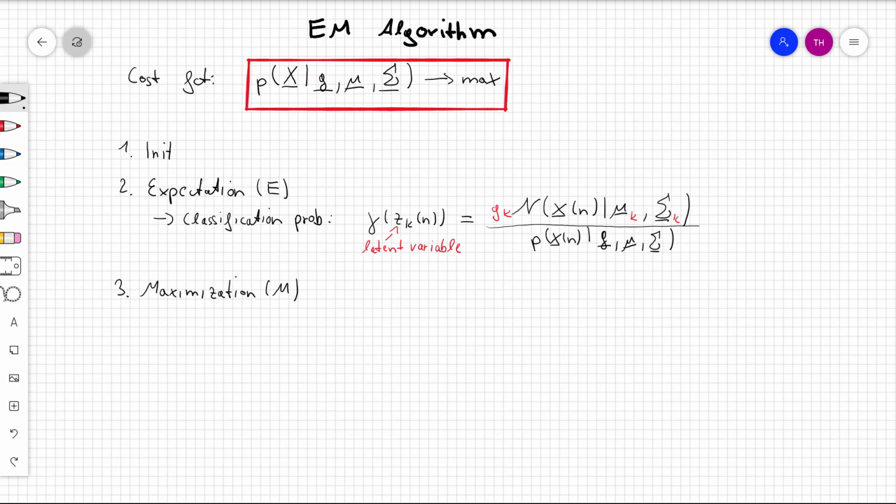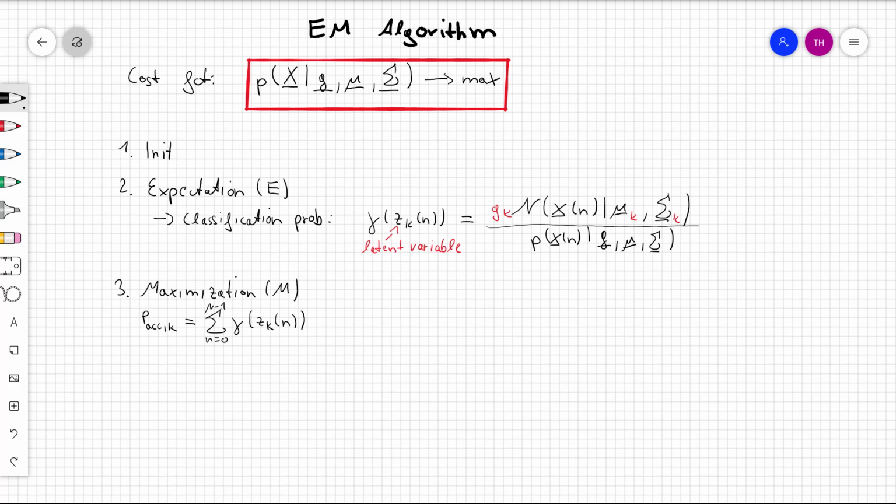You might have already noticed that all the 3 equations of the maximization step have something in common. That's why I want to introduce a helping quantity, which I call P accumulated. And we have this for every k, and it's simply the sum over n of gamma of z_k of n.